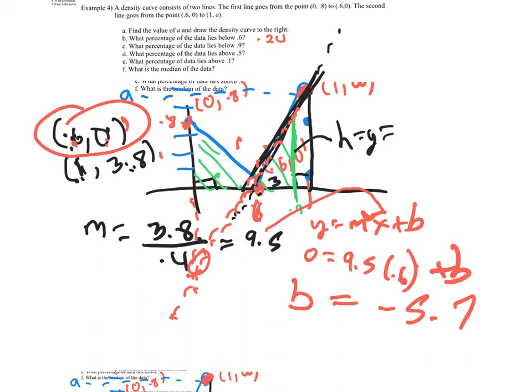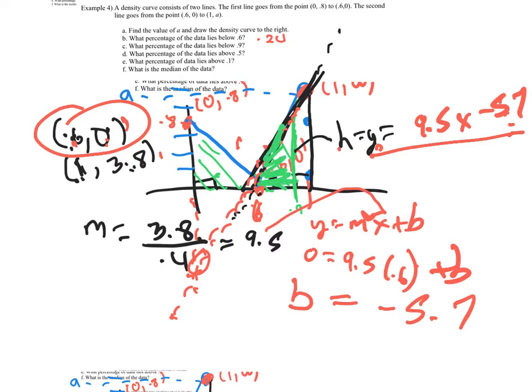So I have my equation. y equals 9.5x minus 5.7. That's the y equals equation, which stands for the height of this triangle that I was shading in green, if you recall.